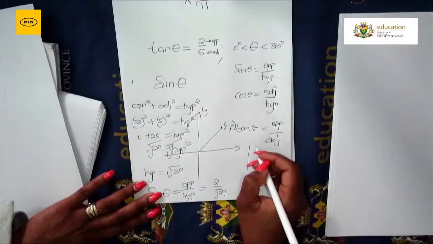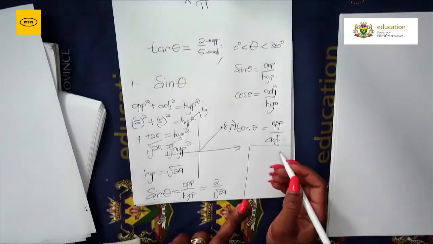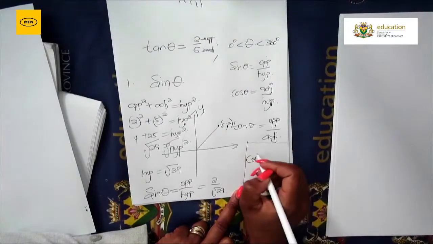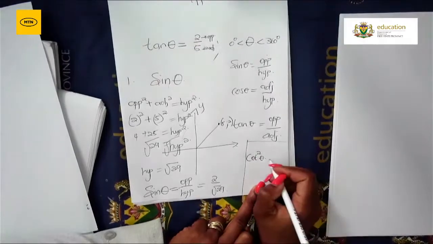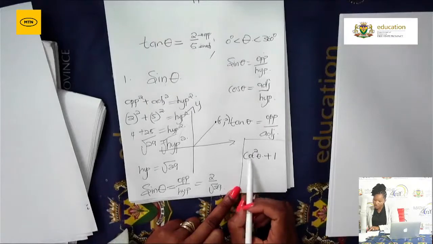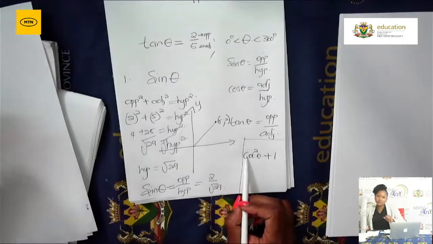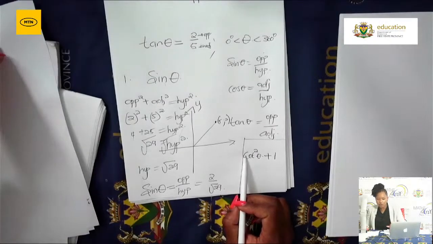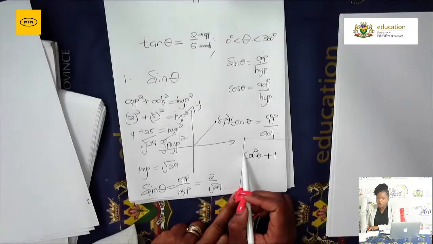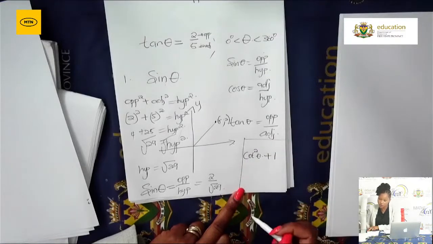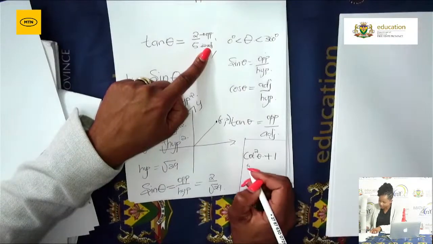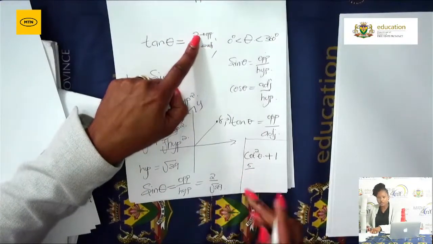Now, on the very same question, if we have to calculate or determine cot squared theta plus 1, still you must remember your definitions. For cot, remember, cot is the reciprocal of tan. So tan is opposite over adjacent. That will mean your cot will be adjacent over opposite. So adjacent on the information given to us is 5 over opposite, which is 2.